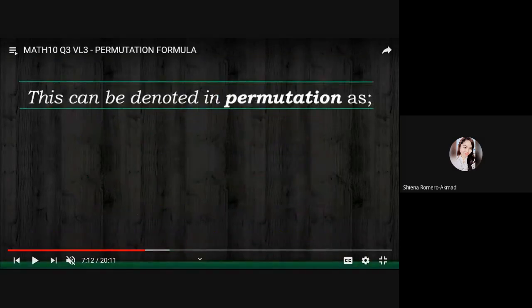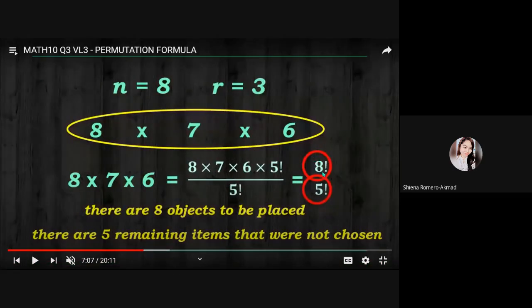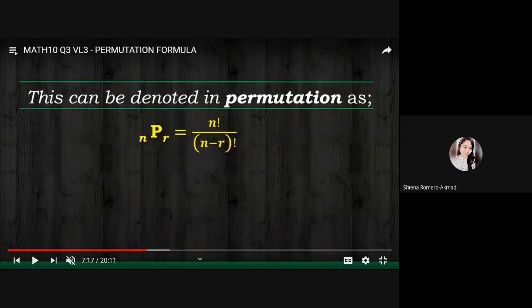So in permutation, it can be denoted like this: permutation of n taken r at a time equals n factorial divided by n minus r factorial, tulad nung kanina. Sa denominator, n minus r, that's 8 minus 3, that's why it is equal to 5 factorial. Okay? So doon natin nakuha yung formula sa factorial.